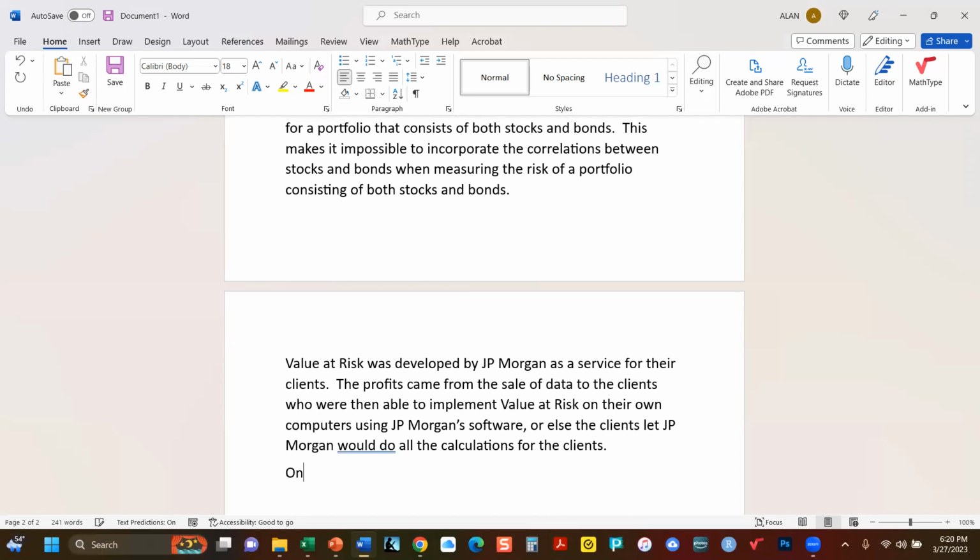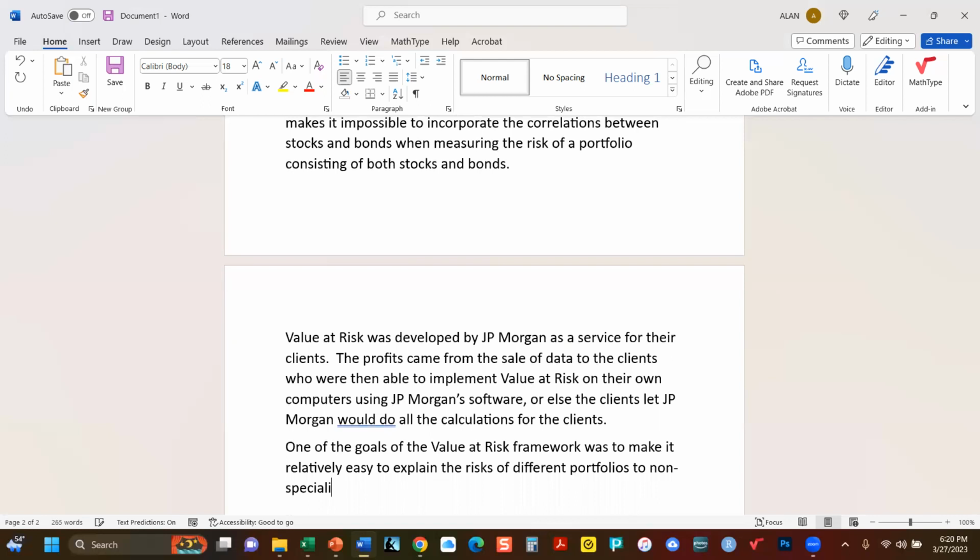One of the goals of this framework was to make it relatively easy to explain the risks of different portfolios to non-specialists. For example, upper level management, people who are like accountants and they don't really know anything about this stuff.